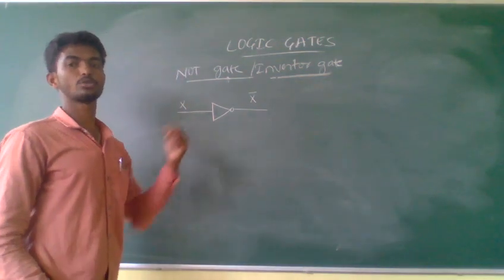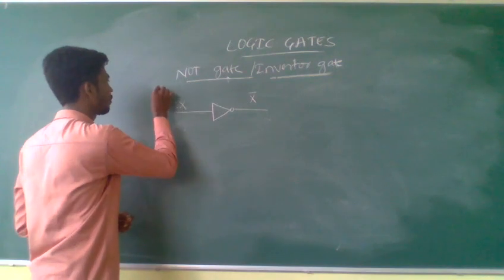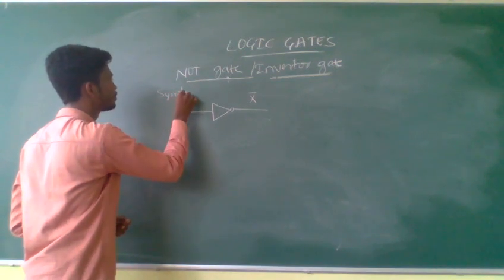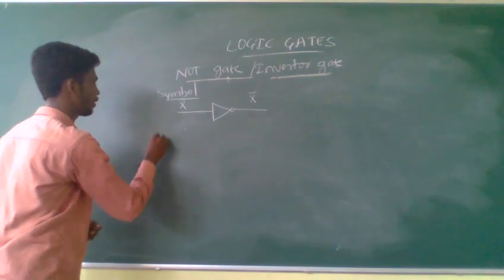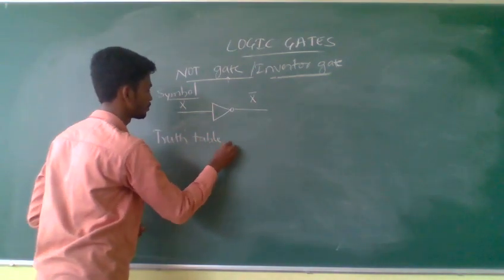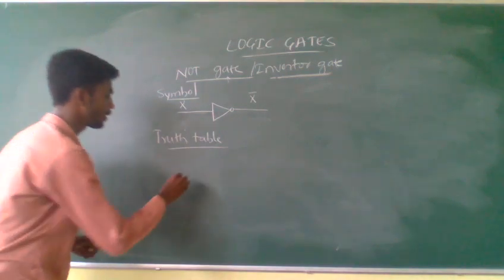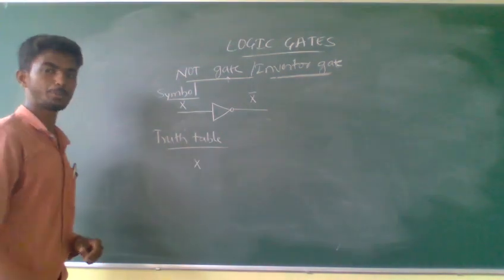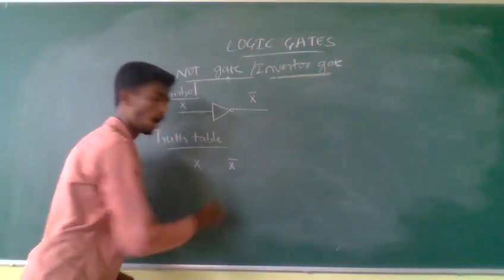Okay. Then the truth table for the NOT gate. This is the symbol. Truth table for the NOT gate: X will be the input and X complement will be the output.